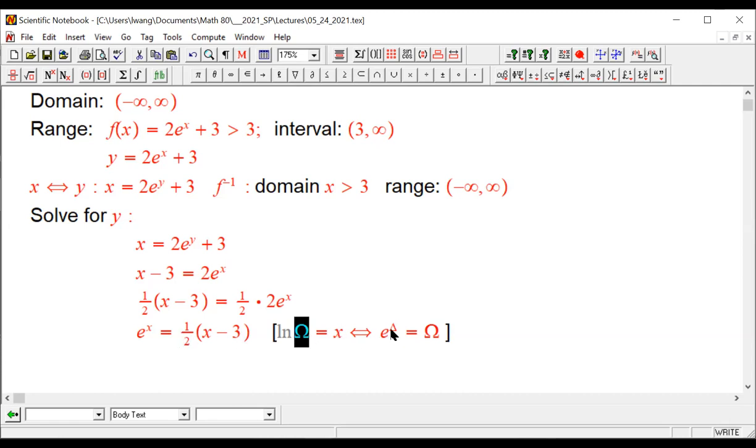So omega, e to the power, omega is half. So omega will go here, and omega will go there. And of course, e to the power x. So now x is solved. See, x is isolated.